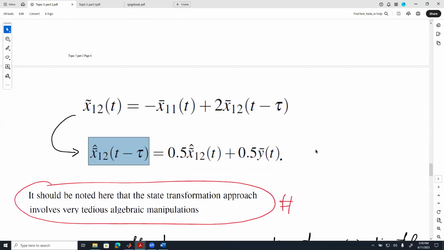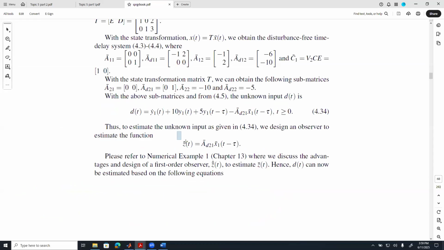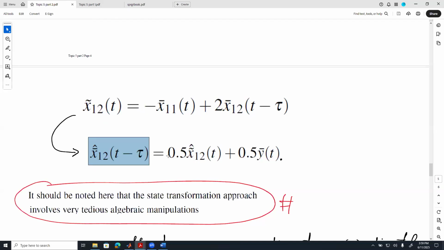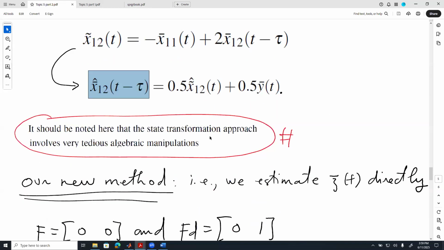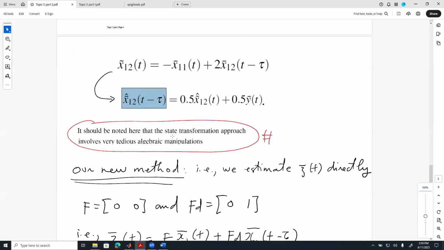And of course, that can be used to realize the estimation of the unknown input, because the estimation of the unknown input requires us to estimate it directly. However, we would like to mention that this transformation approach involves very tedious algebraic manipulations.